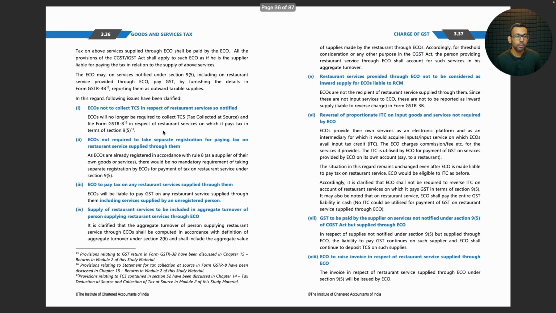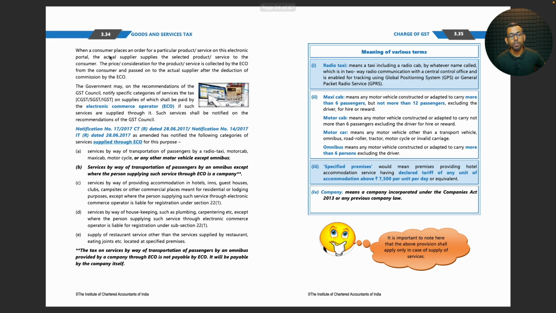When a consumer places an order for a particular product or service on this e-commerce portal, the actual supplier supplies the selected product or services to the consumer. The price or consideration for the product or service is collected by the e-commerce operator from the consumer and passed on to the actual supplier after a deduction of commission by the e-commerce operator.